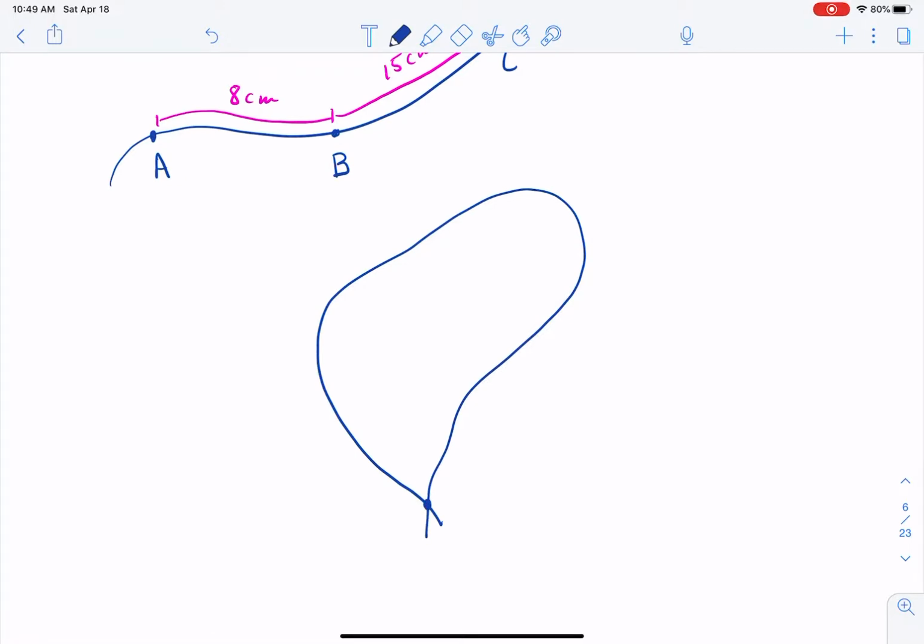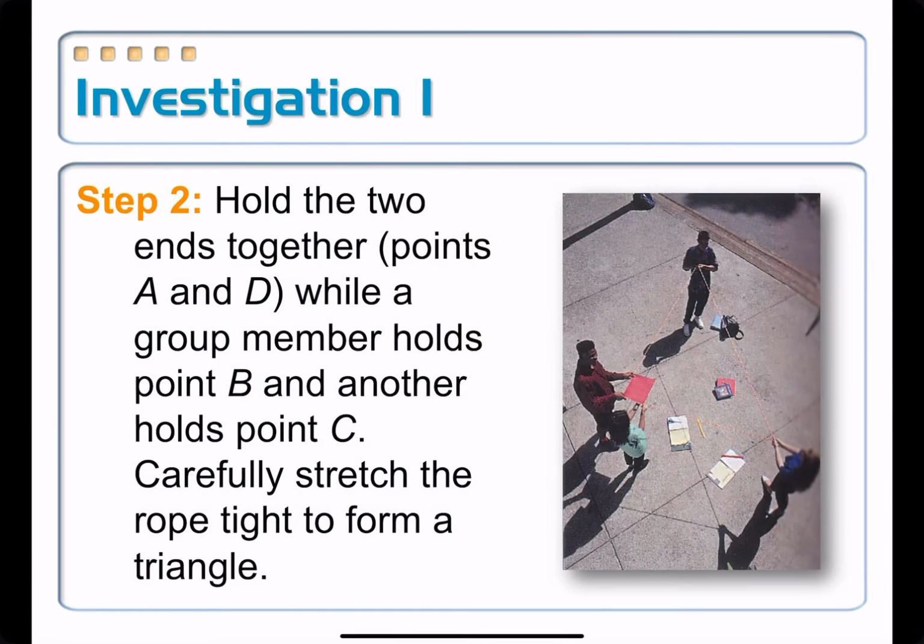And this point is both point A and point D. And then maybe I have over here point B, and this one would be C. And what your goal here is, of course, is to stretch that guy out and then stretch this guy out to form a triangle and see if that triangle is in fact a right triangle, right?